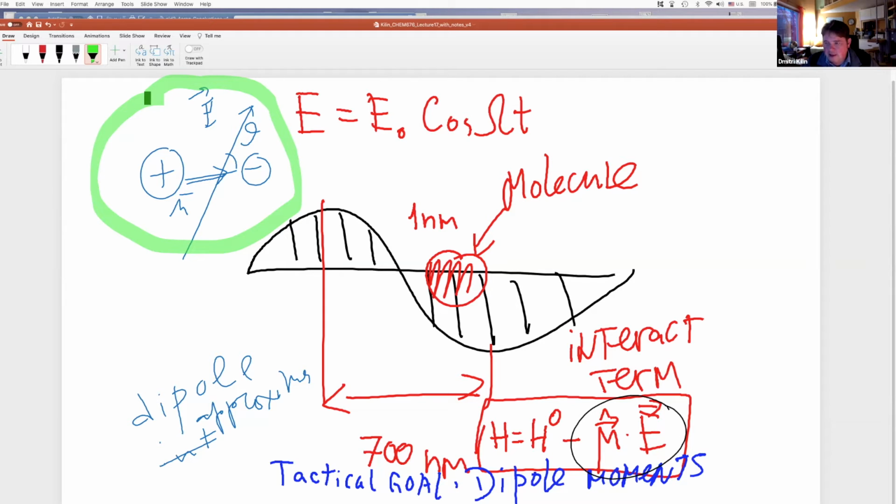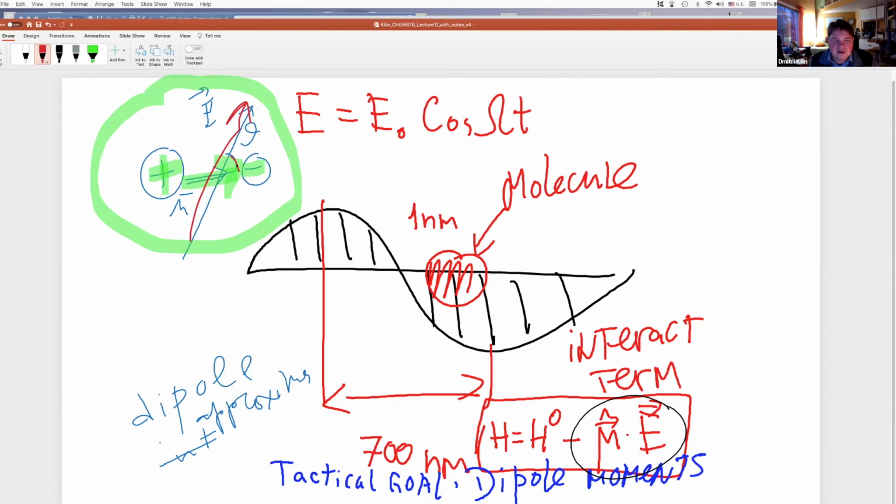Okay, and please stop me anytime if more comments are needed. So the electric field reorients the molecule and makes it rotate until the line which connects positive and negative, which is also called the dipole, will be oriented with the direction of the electric field.